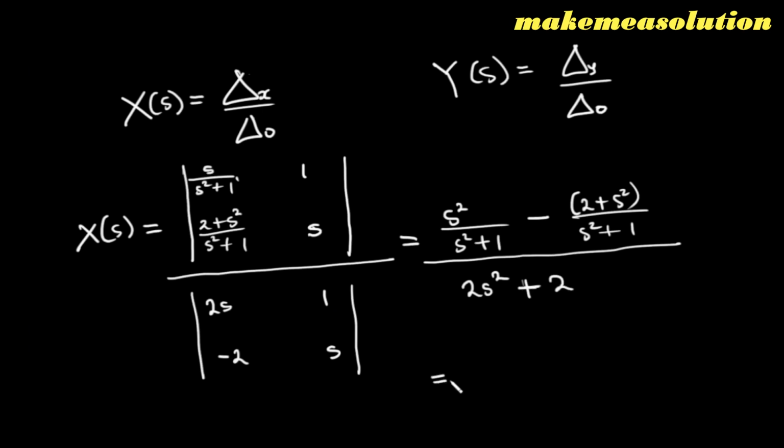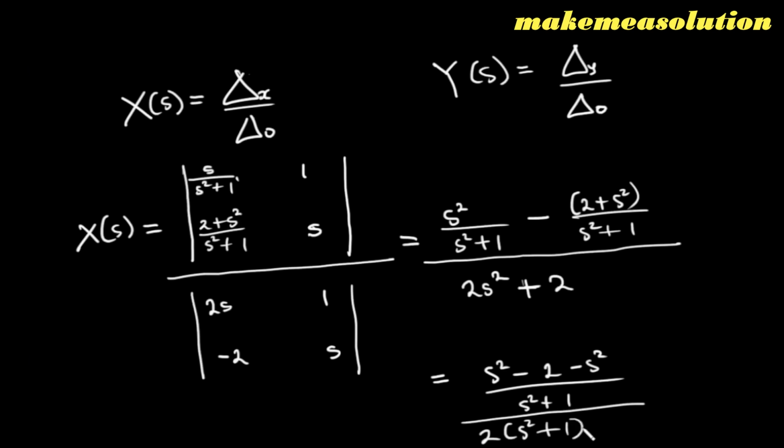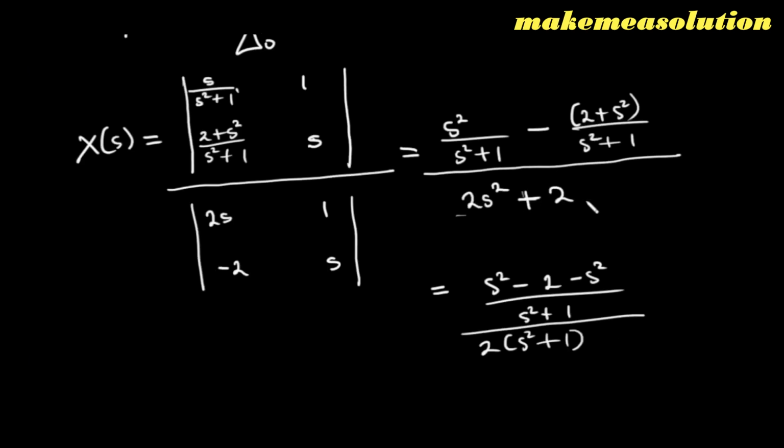So when we simplify, we get s squared minus 2 minus s squared all over s squared plus 1, then everything divided by 2 brackets s squared plus 1. As you can see, I factored out 2 from this side. So the numerator is the same thing as negative 2 all over s squared plus 1, then divided by 2 times s squared plus 1, so these 2s cancel.